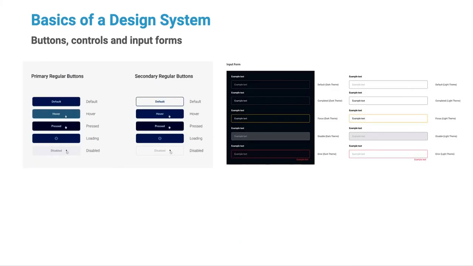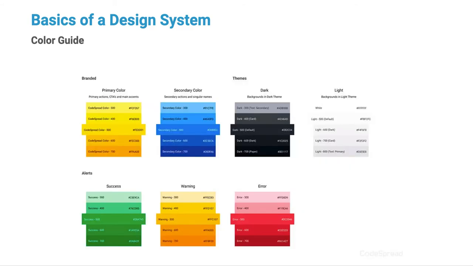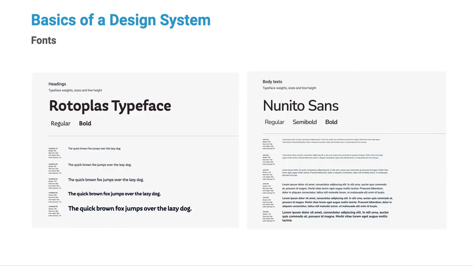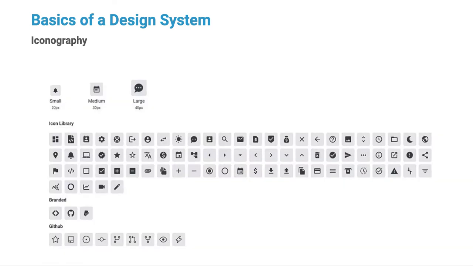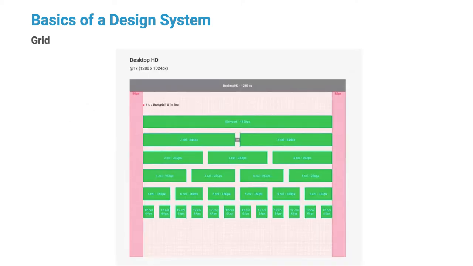So when we design a product with these standards, you already have your colors, your typefaces and fonts, a library of icons where you know where you're taking from, and you already know your grid, where you're going to start building your blocks. Then the natural step is to start thinking in atomic design.